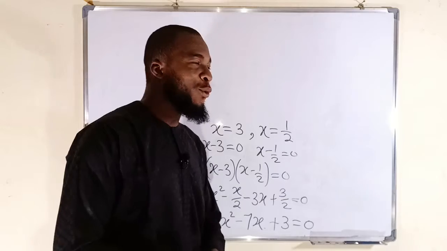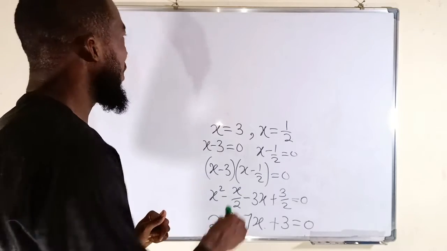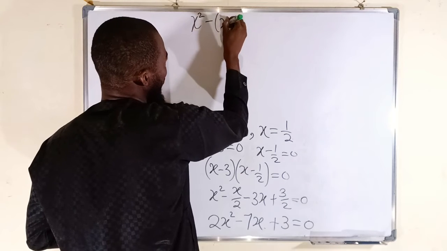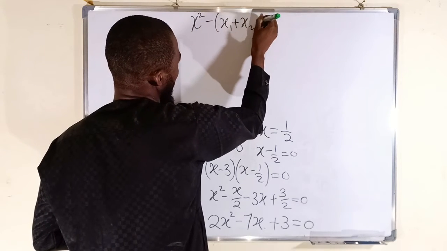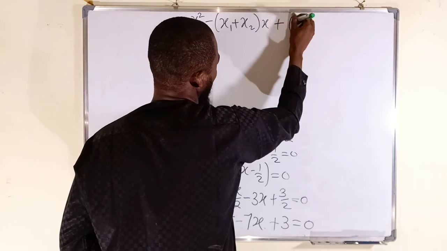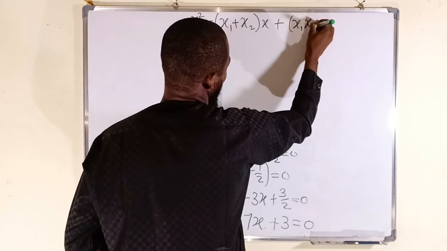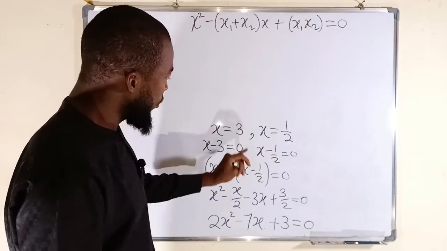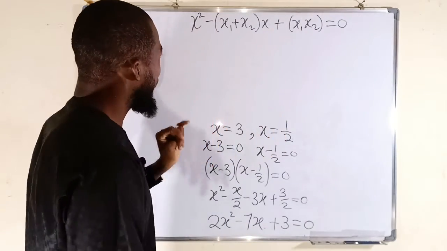Now let us apply that formula and see whether we're going to get the same thing. The formula is x squared minus the sum of the roots, then multiplied by x, plus the product, x1 times x2, and the whole of this equal to 0. Our roots are 3 and 1 over 2.